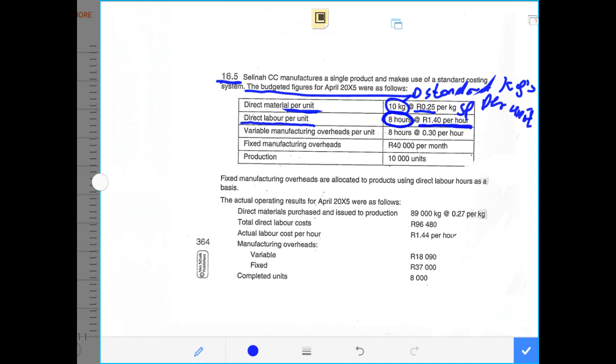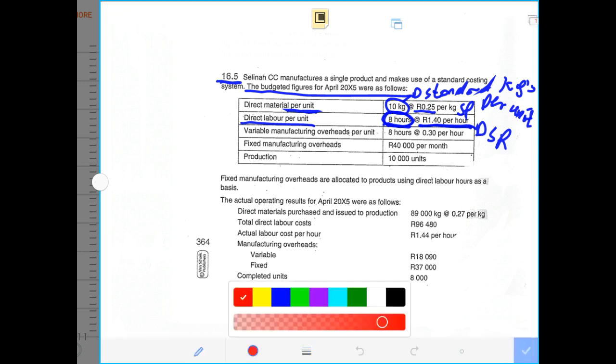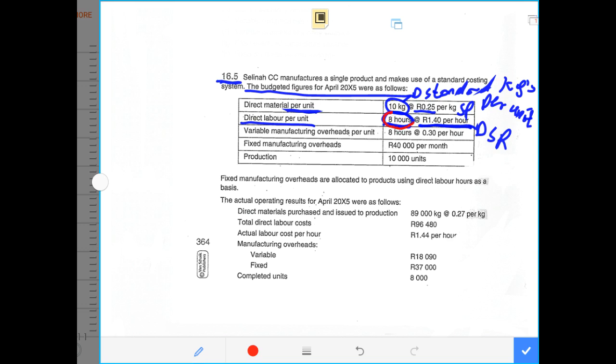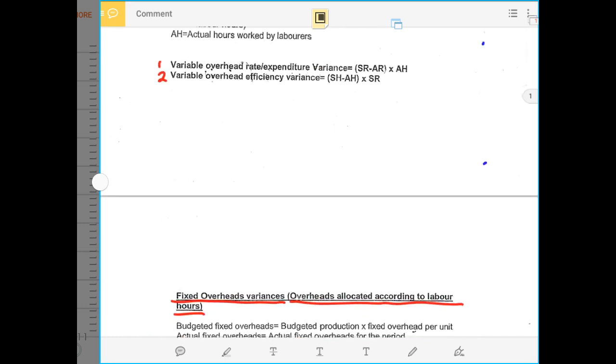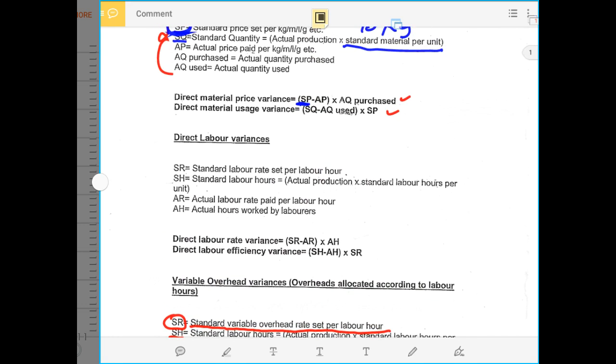That means this will be the standard rate per hour, which is the rate that employees get paid per hour. And this will be standard hours, as I mentioned, that 8 hours is standard hours per unit. Just to bring your attention once again, the standard labor hours, which is 8 hours, is the one that we'll be using when we do our direct labor variance.